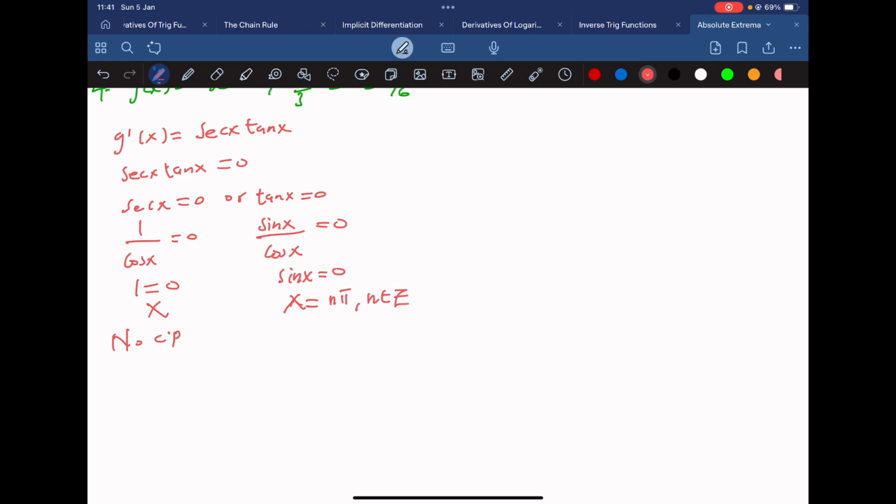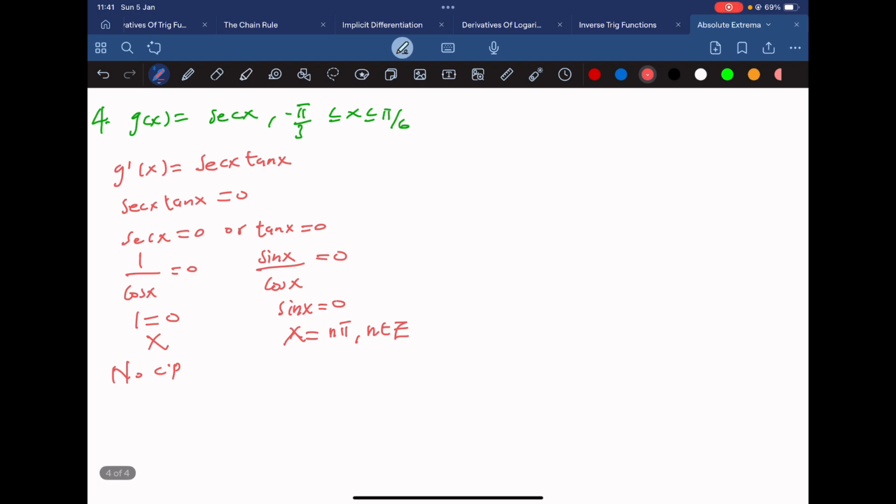But now we have to use the condition that we have. We have the condition negative pi over 3 less than x less than pi over 6, which is just negative 60 to 30. So now let's say when x is equal to 0, is 0 in this domain?